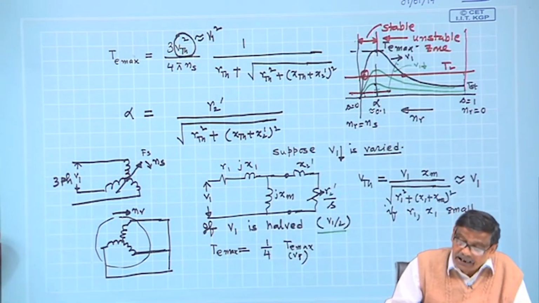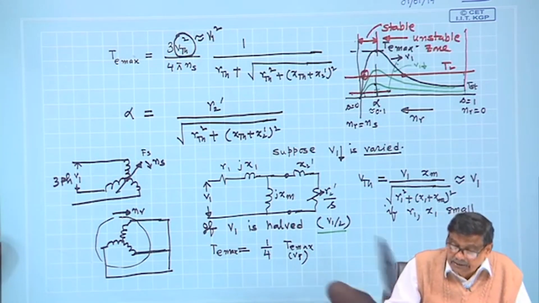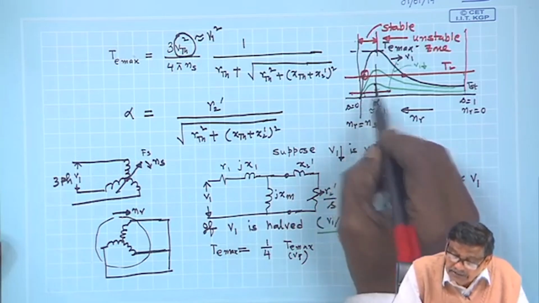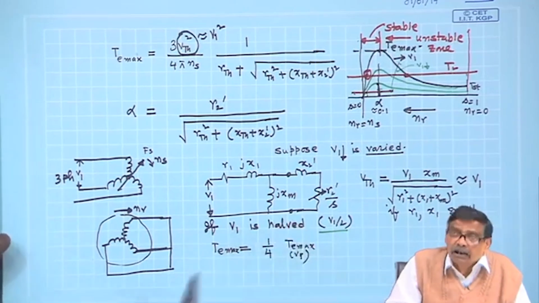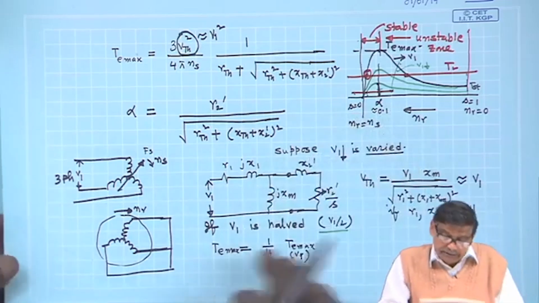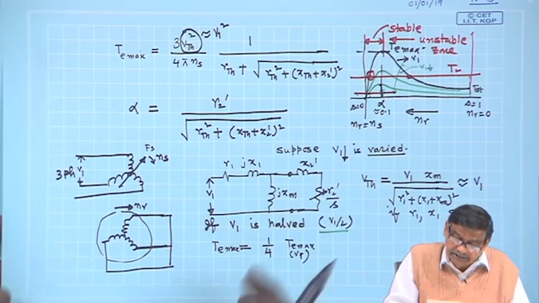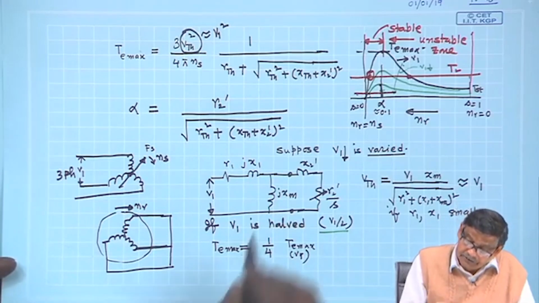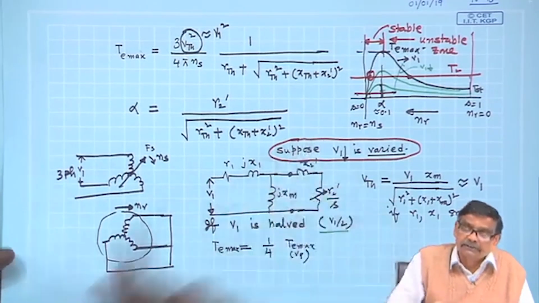You cannot connect a mechanical load which demands a load torque whose value is greater than the T max now, that is this one. So, the machine will underperform. We will come to this point later when we talk about speed control of the induction motor. So, this is the effect of variation of supply voltage on the torque slip characteristics.